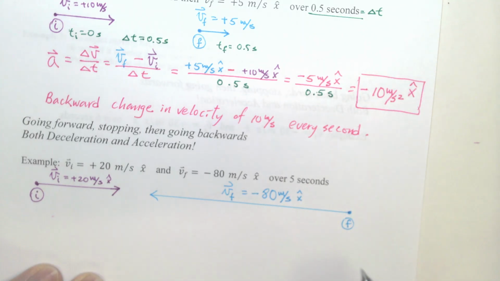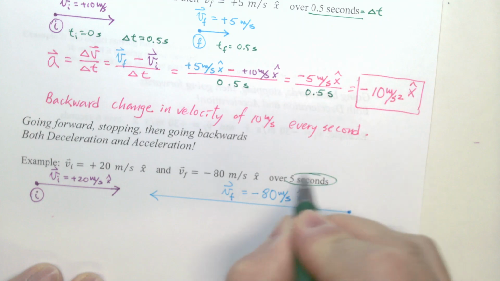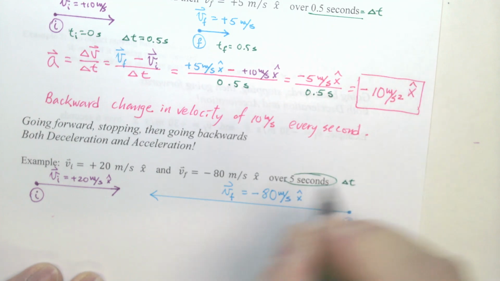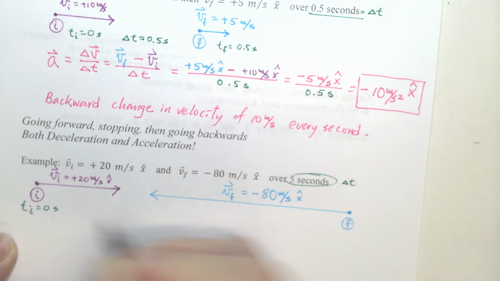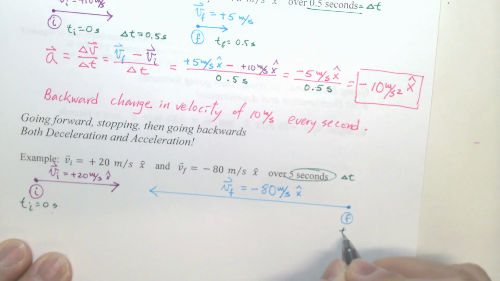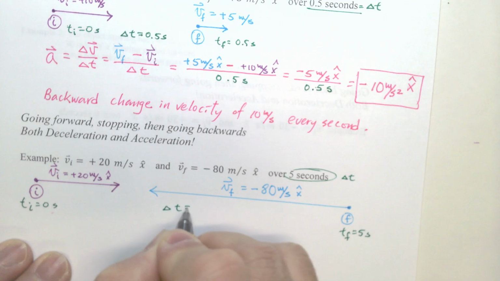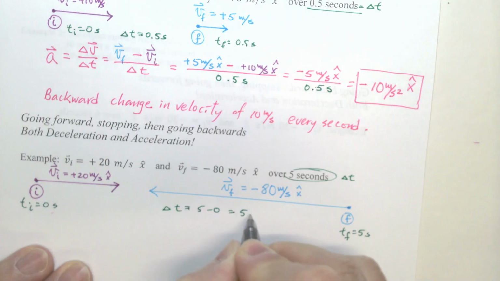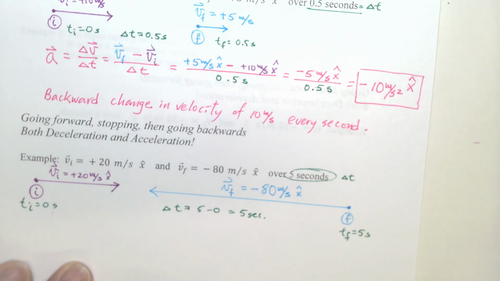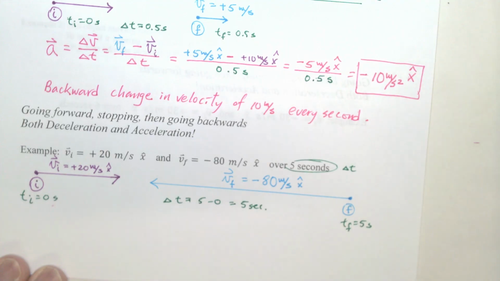And of course your delta t is 5 seconds. So your initial t is 0 seconds, your t final is 5 seconds, so your delta t is equal to 5 minus 0, which is 5 seconds. Okay? So we'll go with that.